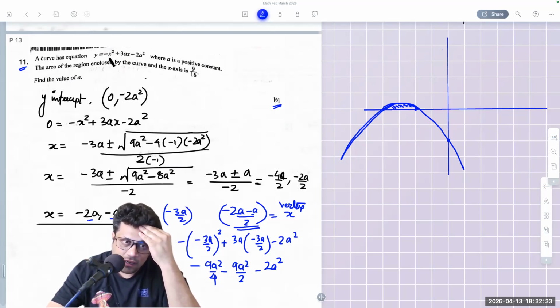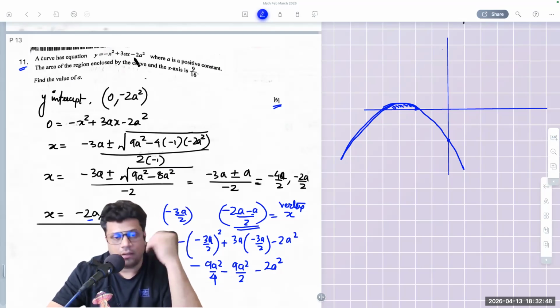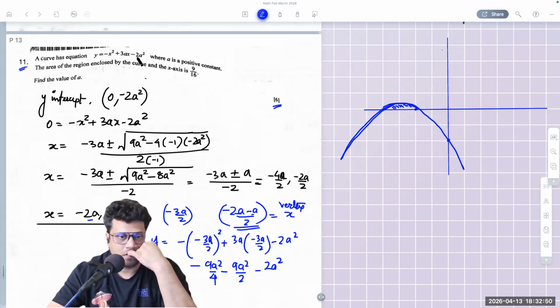This is definitely a curve which is flipped: negative x square plus 3ax minus 2a square. Oh yeah, negative 3a by 2.